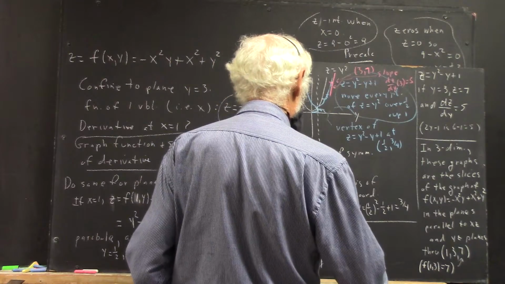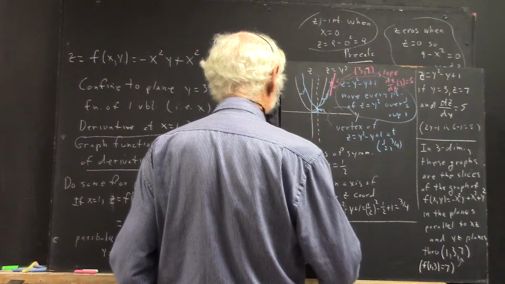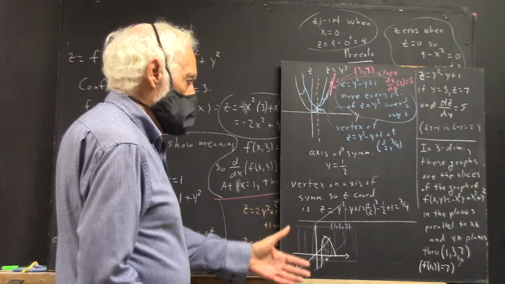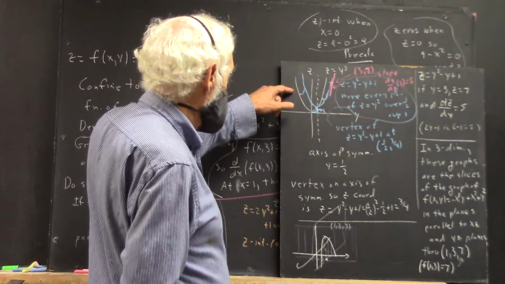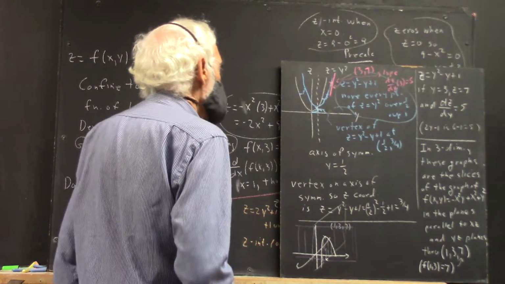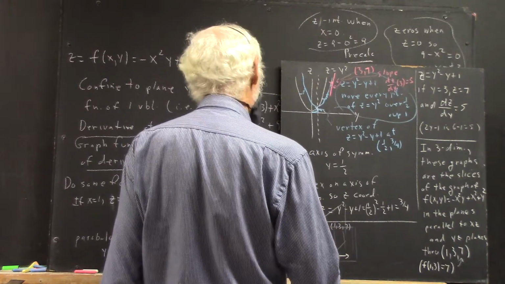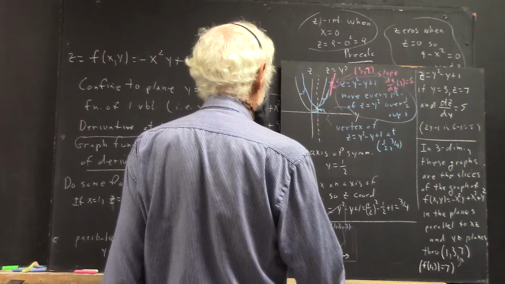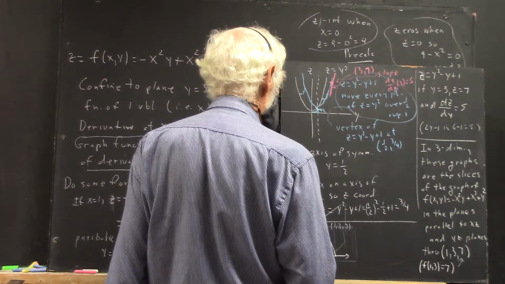Okay, so here's the plane parallel to the yz plane. Here's your function. It has its vertex not through this point, not at the top of it.